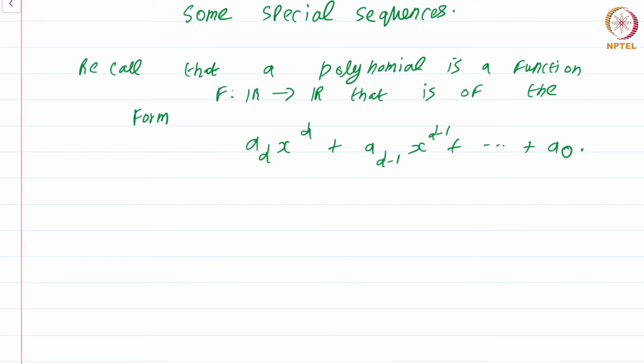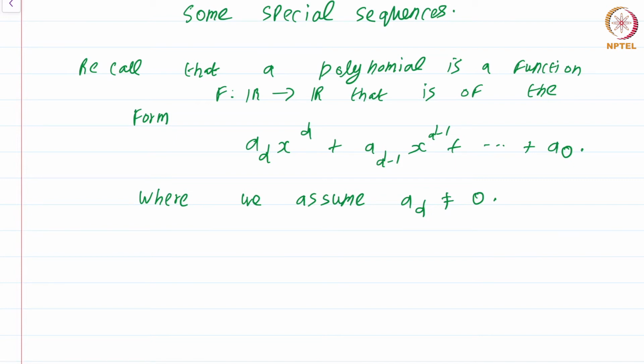Here, for definiteness, we assume a_d is not 0, and this d is called the degree of the polynomial.